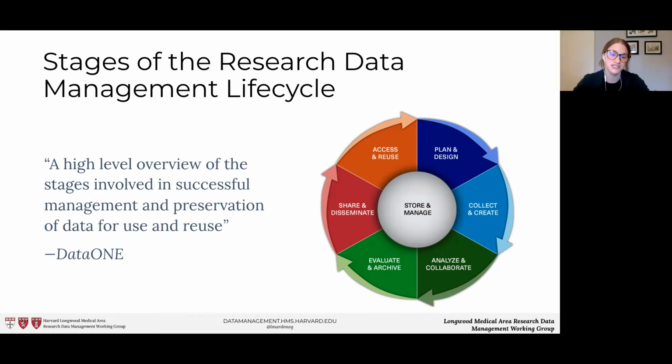On the slide, you're seeing our newly designed research data lifecycle image. Our vision for this image includes stages for research planning, active research work, and dissemination of research. Including store and manage in the center really emphasizes that data storage concepts must be included at all of the stages in this research process.